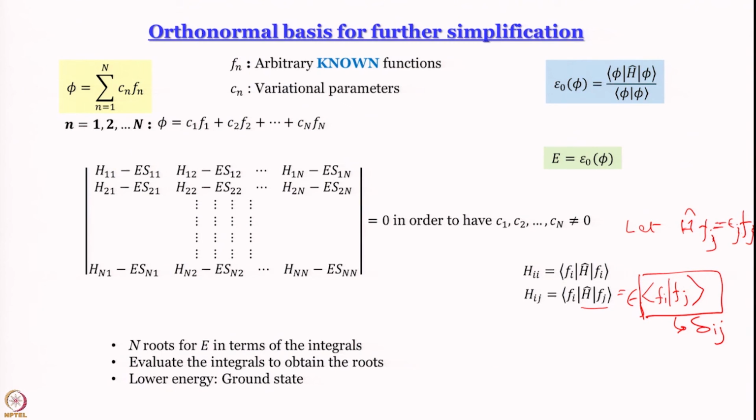So, what I am saying is that all Hij integrals where i is not equal to j will become 0, and Hii integrals will boil down to just epsilon i. So, this entire determinant is going to become so simple. You are only going to have some epsilon terms and zeros. Everything will be written in terms of those. That is what we are going to study in a little more detail in the next module.